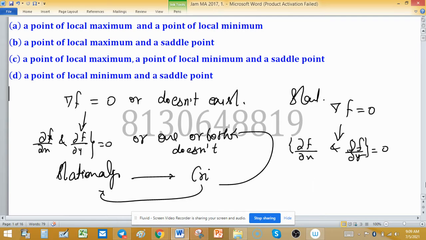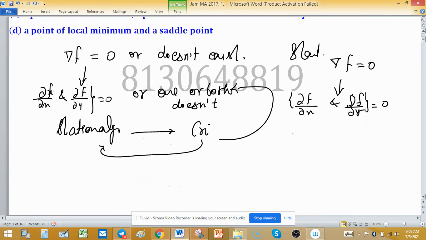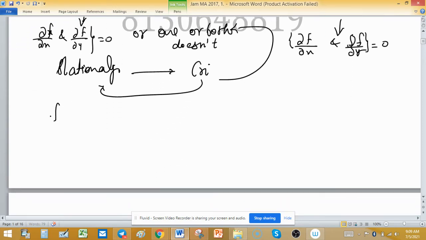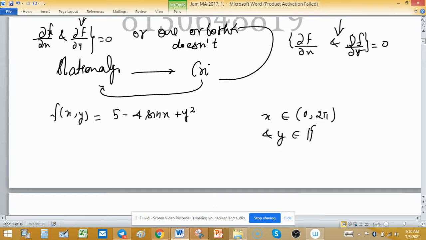So we will find the partial derivatives of the given function f(x,y) = 5 minus 4 sin x plus y square, where the domain of x is the open interval 0 to 2 pi and y comes from the entire real line.